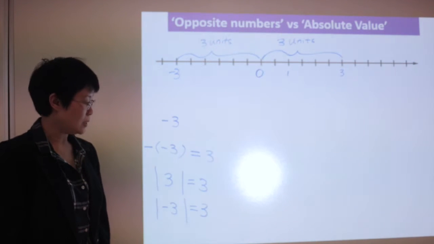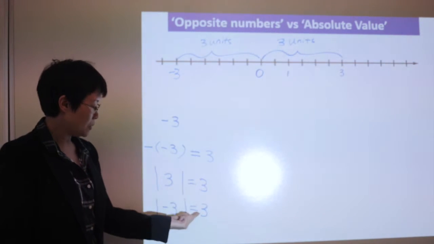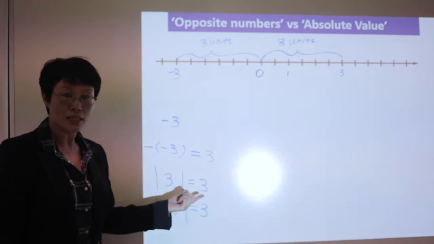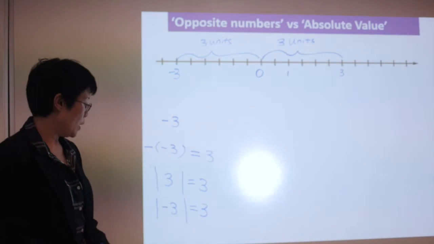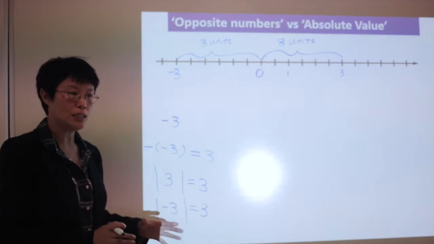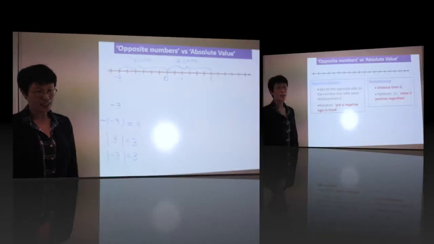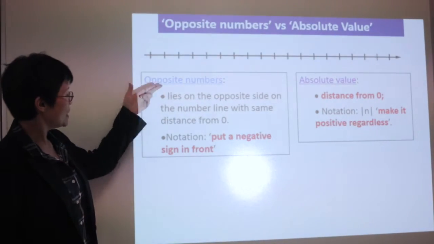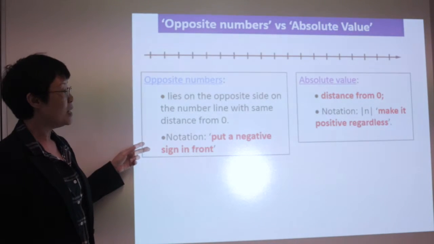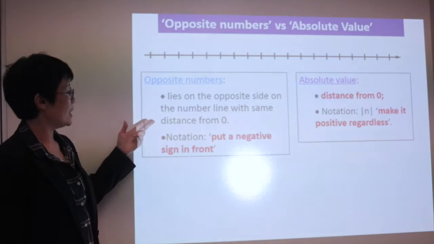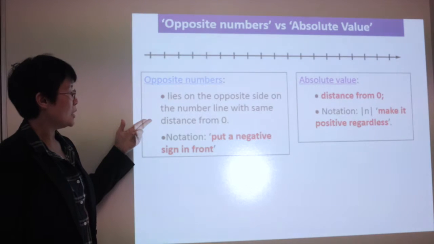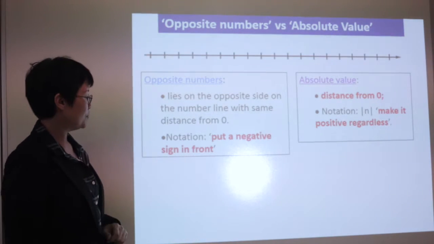In other words, for a non-zero absolute value, there are always 2 answers: one is positive, the other is negative. Okay, to summarize, the opposite number is the number that lies on the opposite side of that number with the same distance from 0.